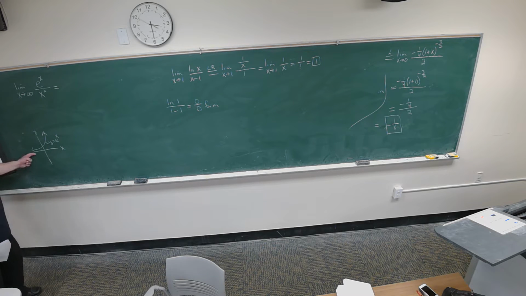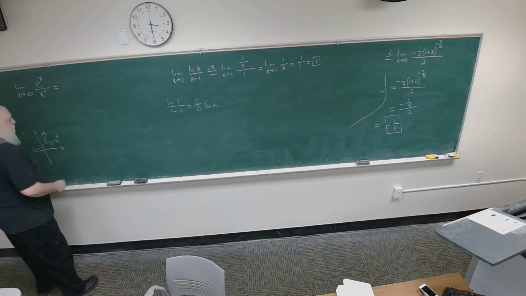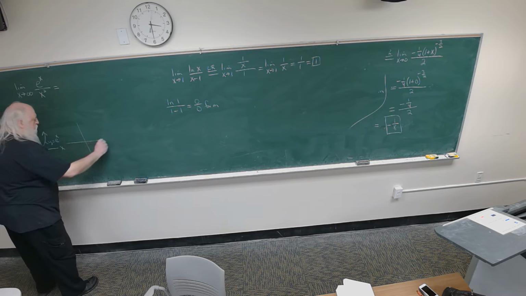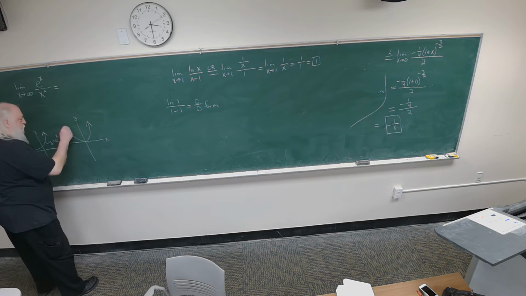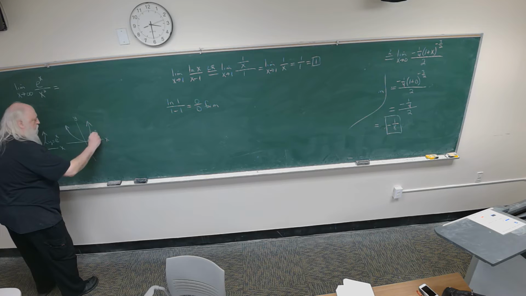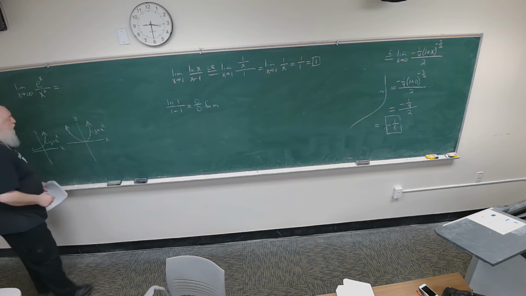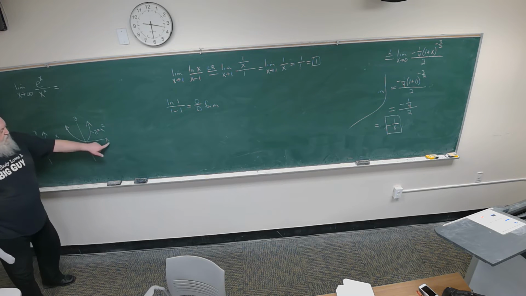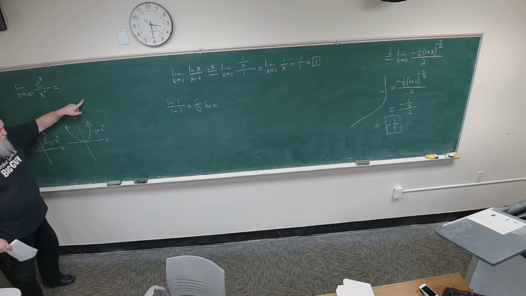You can see as x increases without bound, the value of e to the x increases without bound. Then let's remind ourselves what the graph of x squared looks like. That's a parabola. It goes through the origin, and you can see that as the variable x increases without bound, the value of x squared increases without bound.